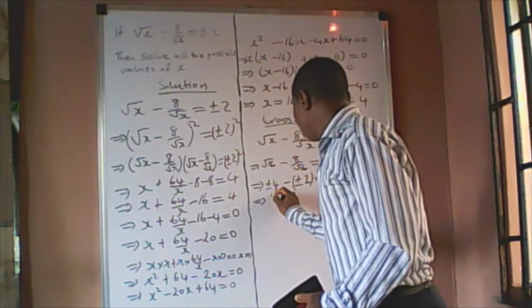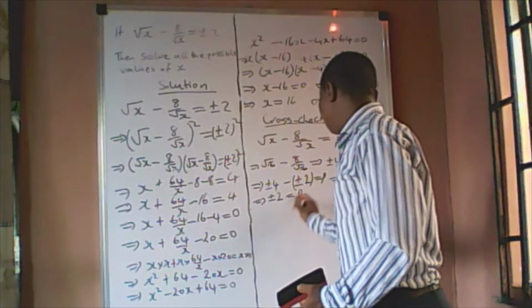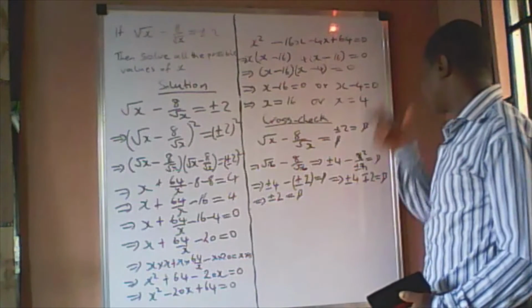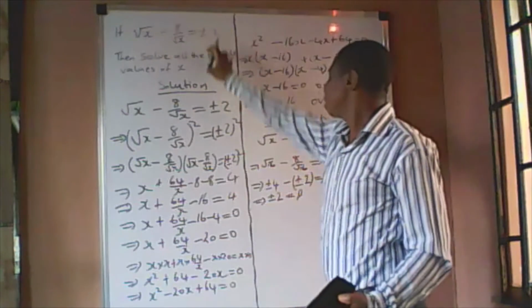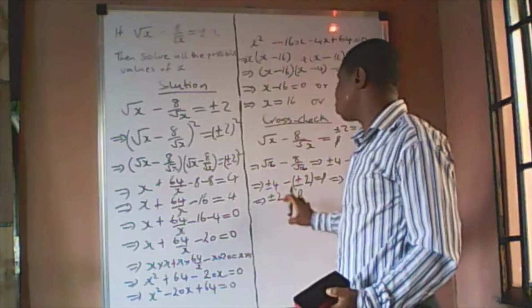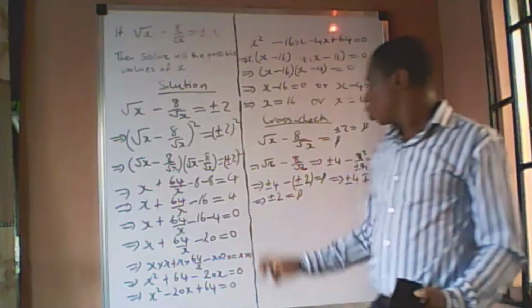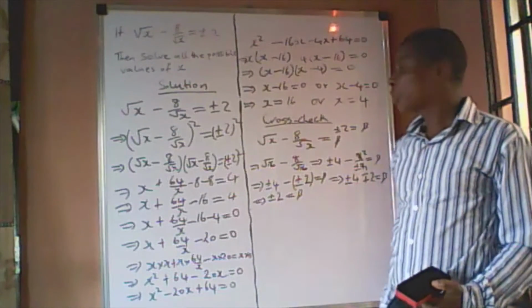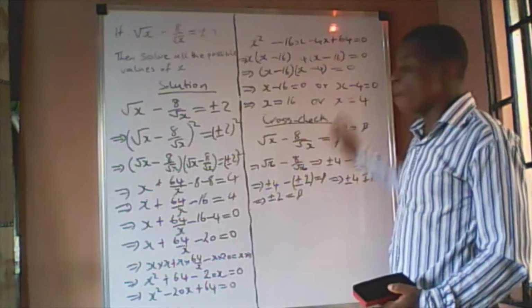That means plus or minus 2, which is equal to our beta. So it's equal to beta. That means you have the same plus or minus 2. That means 16 satisfies the equation because we got plus or minus 2. Now let's cross check by substituting 4.